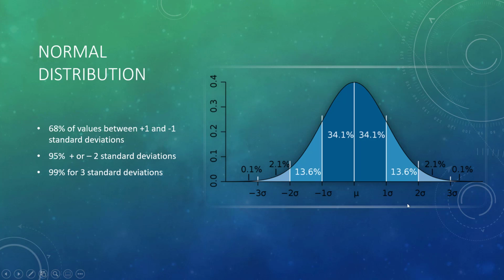So here in the center is the mean, and then you have one sigma to the left and one sigma to the right. If you go two standard deviations or two sigmas to the left and to the right, you would get 95% of all the values. And then if you went three sigmas to the left and to the right, you would cover 99% of all values.